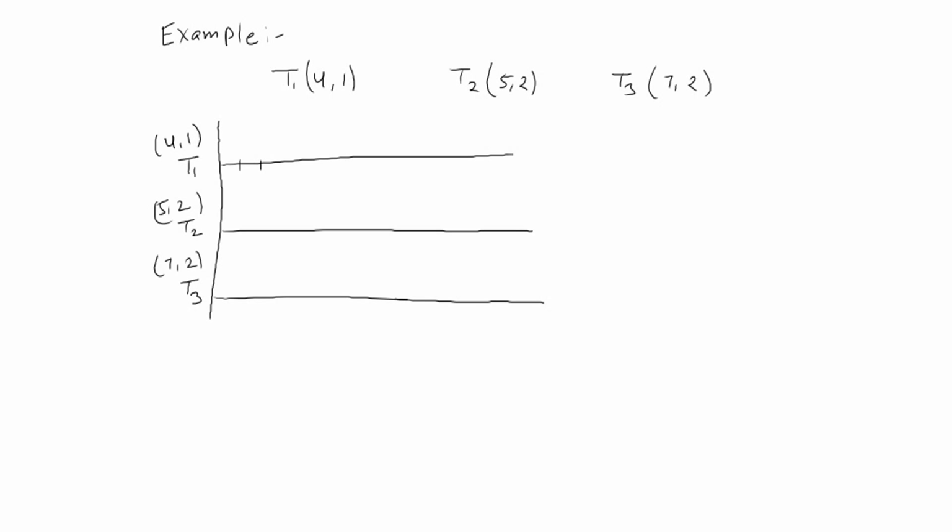So I will divide it into blocks: 1 2 3 4 5 6 7 8. Let's say all 3 tasks arrive. T1 has an execution time of 1, so its deadline is 1. Whose deadline is first? Obviously the T1 deadline is first, so it will execute here.